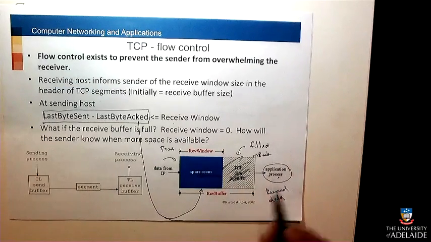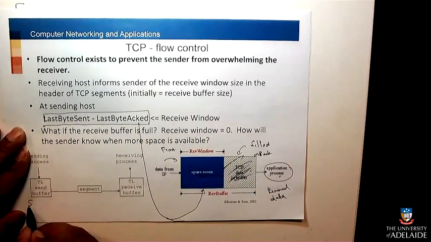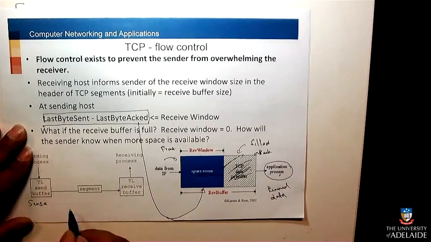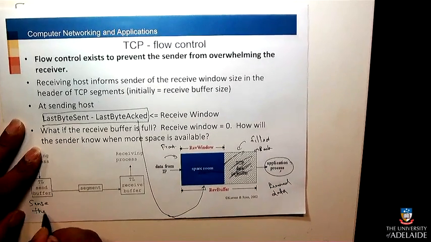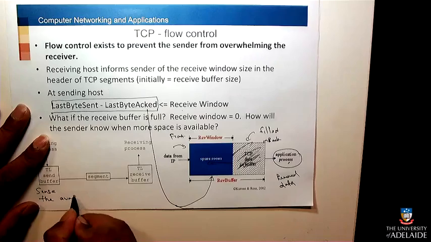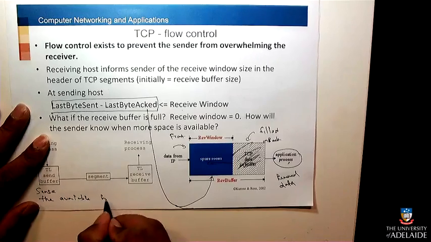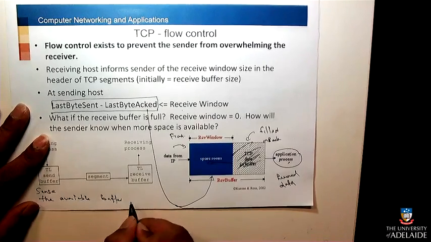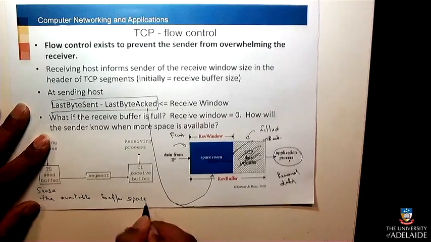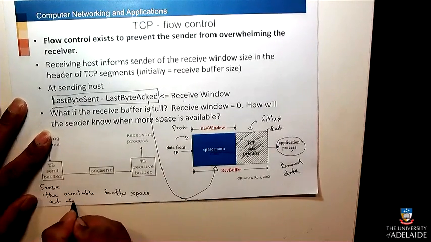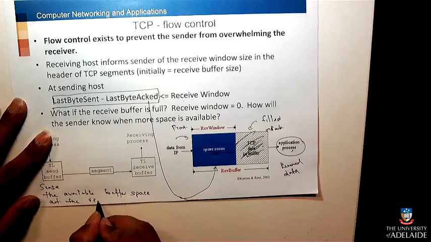So that means the sending process can sense the available buffer space at the receiver.